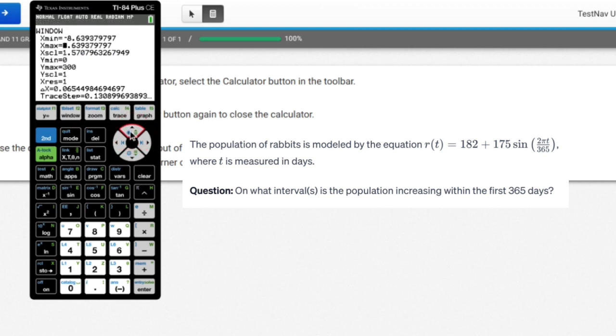My x min, let's do negative 1. And let's do my y max at 370, just to go a little extra. Let's bump our window, our y max to 400. And that should hopefully give me what I need to see.